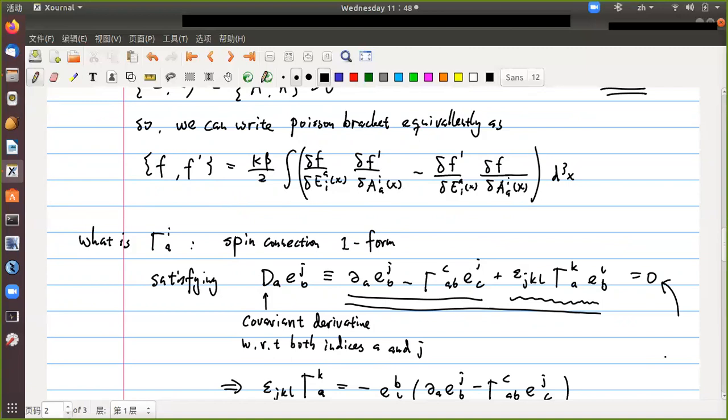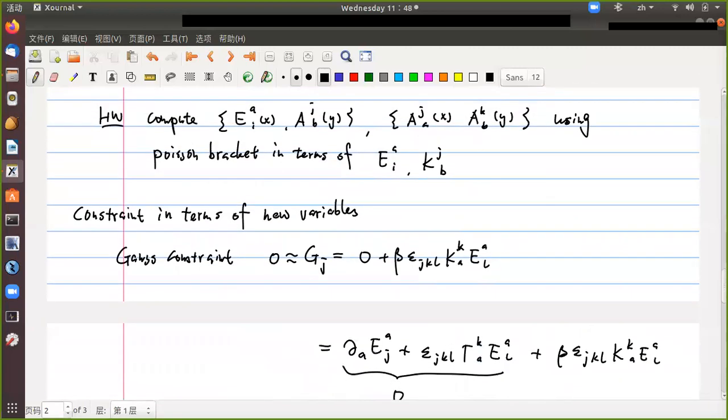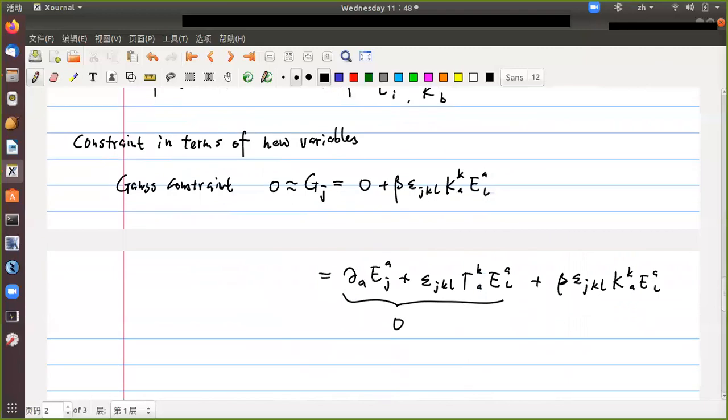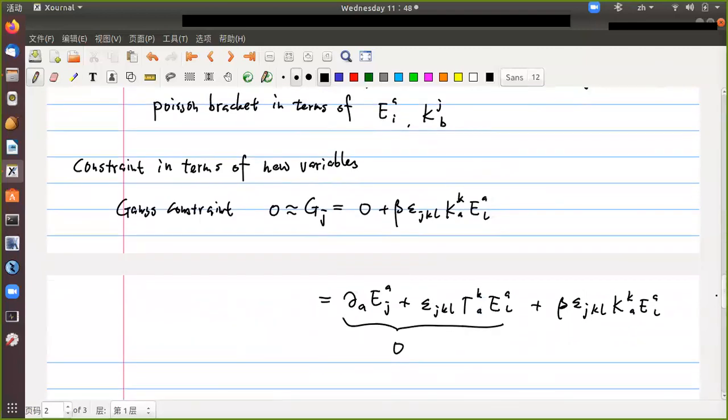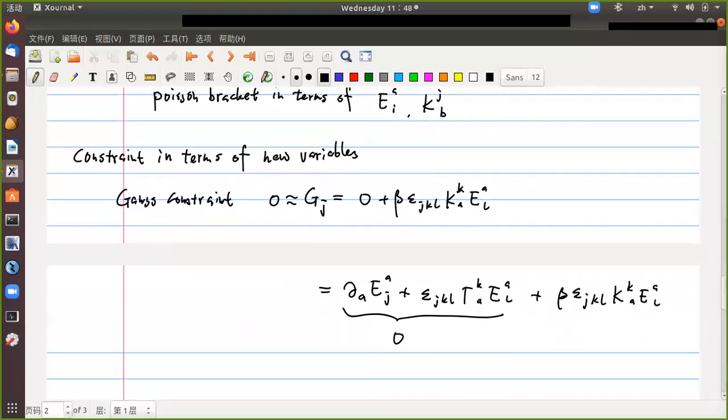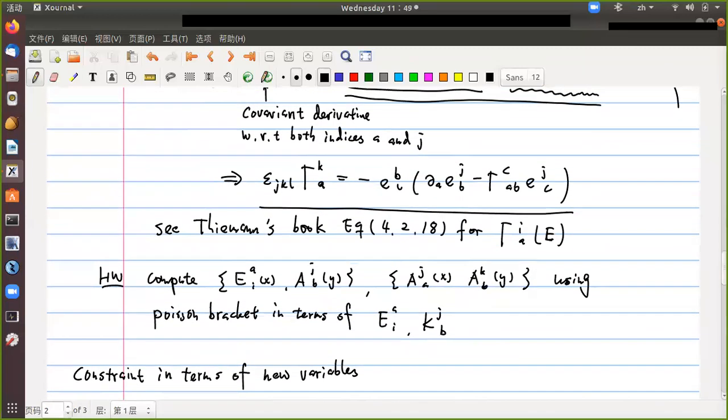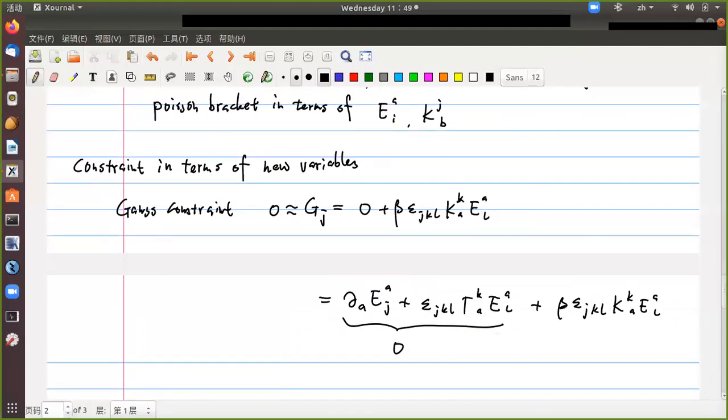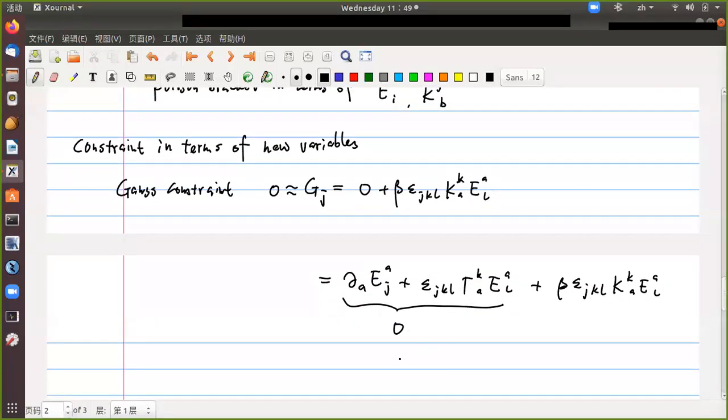If you understand what we mean by this covariant derivative, and combine it with the fact that this E is a density. Well, at the moment I'm just going to leave it as homework to check. You can just plug in the definition and check explicitly that this guy equals 0. So your homework is to check this.